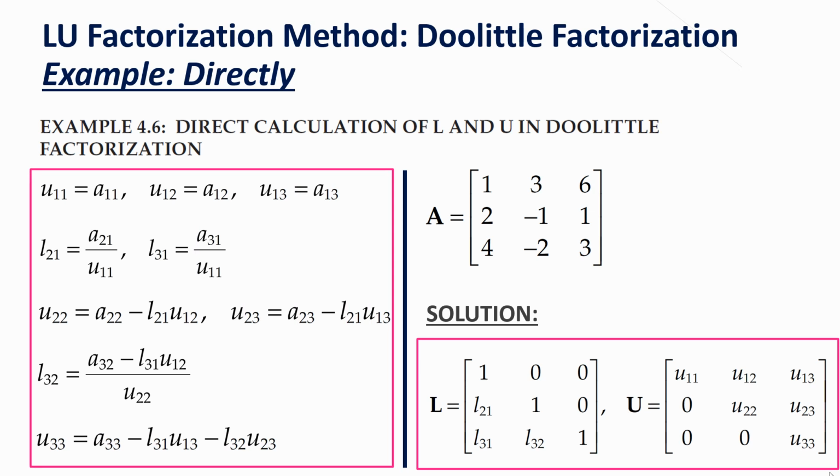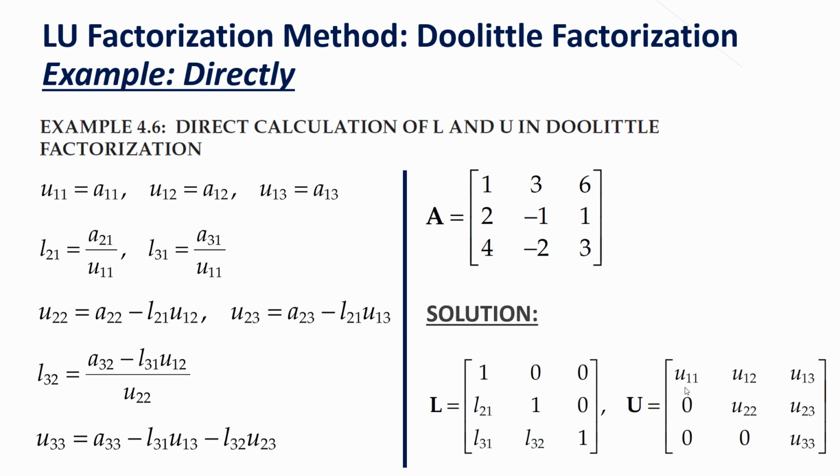So basically, you will first calculate U11, U12, U13, and then L21 you will generate based on this formula, and then you generate U22, U23, because you already have the L21 value.